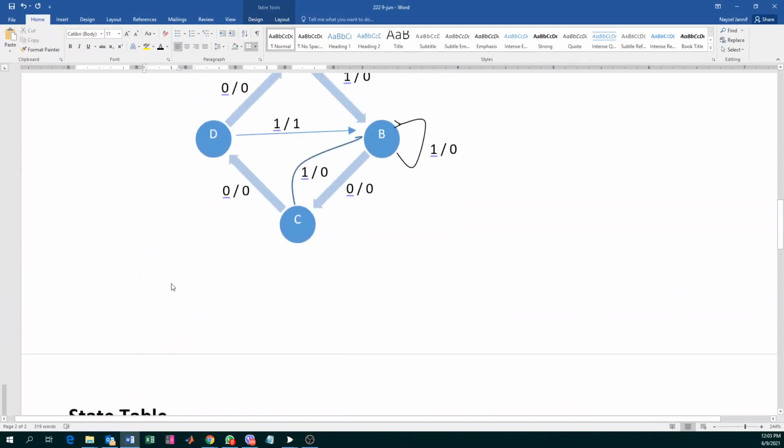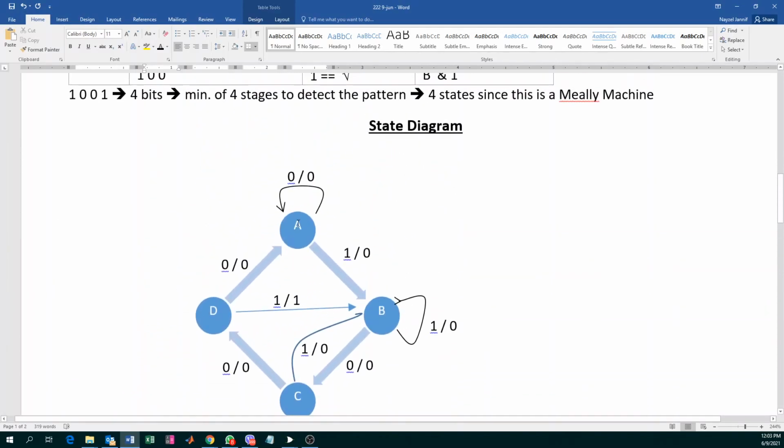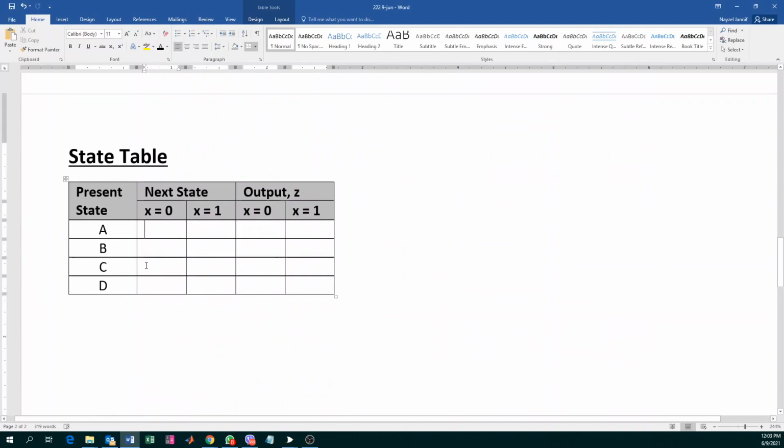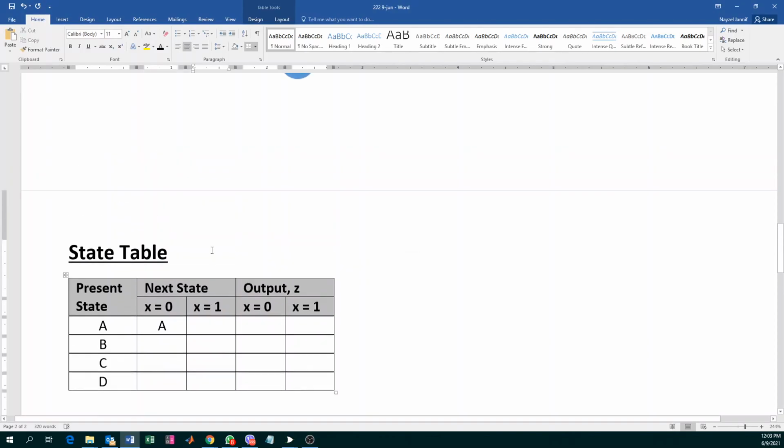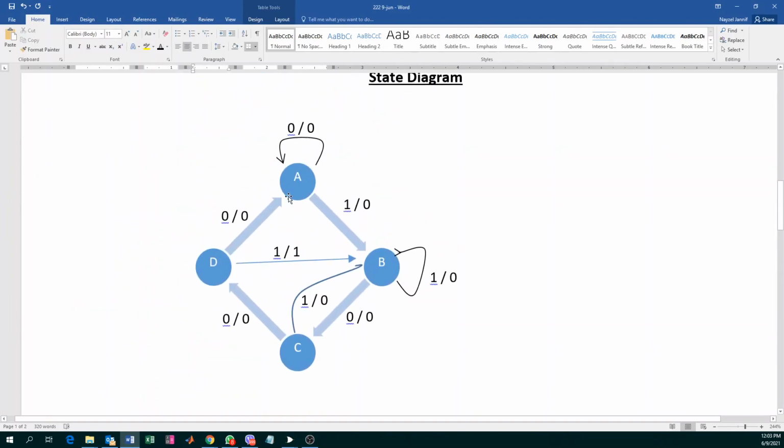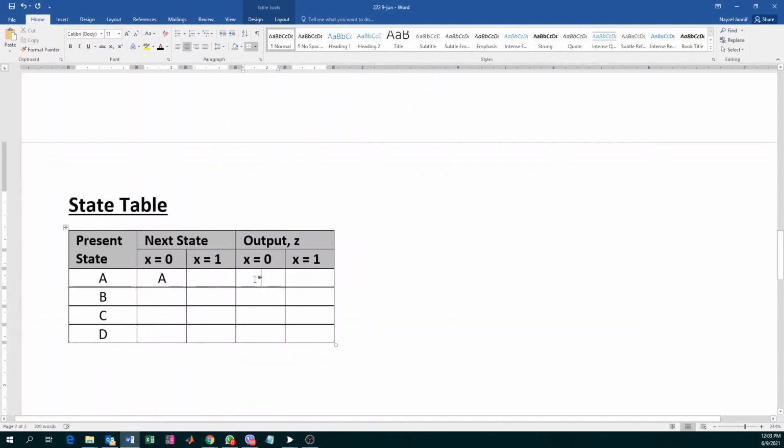Let's have a look from here. If the state is A and the input is 0, what does it go to? It stays at A. And what is the output, guys, in that particular scenario? The output is 0.